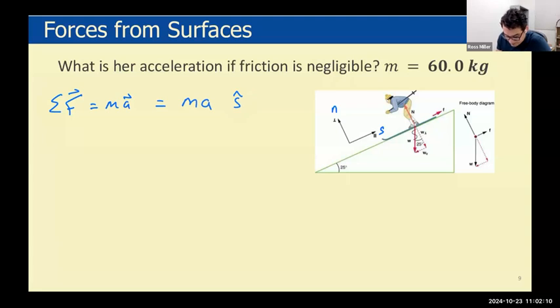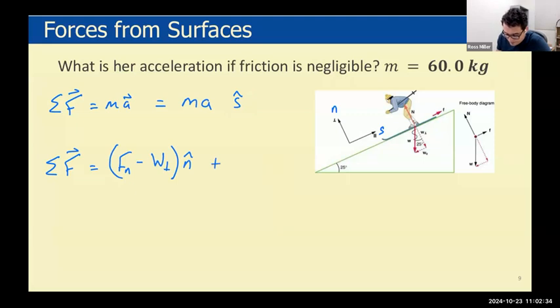So what I get to say is, okay, sum of forces: there's the normal force, they're calling it big N. That's fine, I just don't prefer it. And then there's the weight in the perpendicular direction. That's in the normal direction.